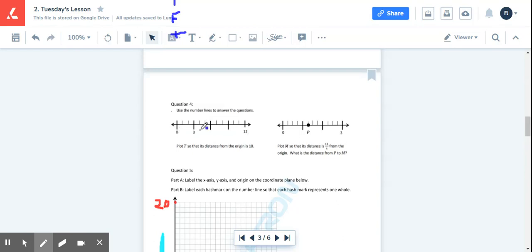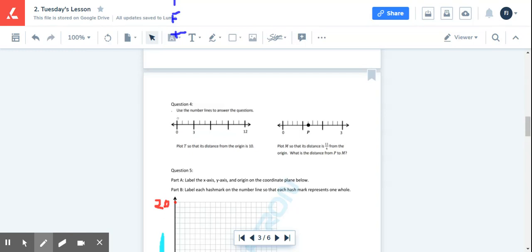Let's see if we can just count the hash marks to figure out how the hash marks are labeled on the number line. 0, 1, 2, 3, 4, 5, 6, 7, 8, 9, 10, 11, 12. So we know that this number line is counting by 1.